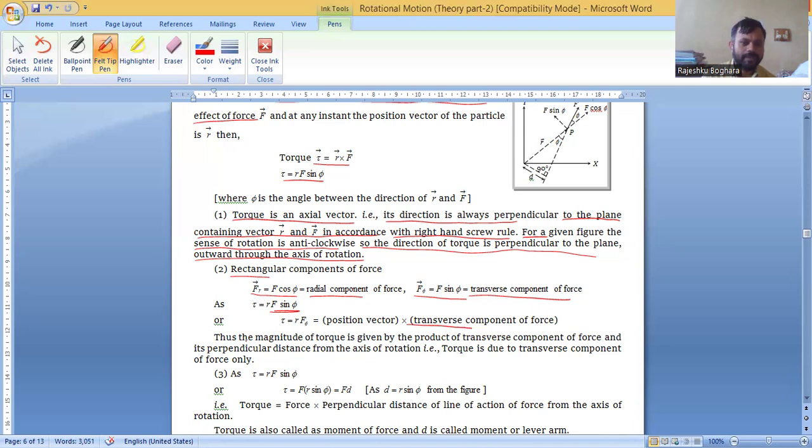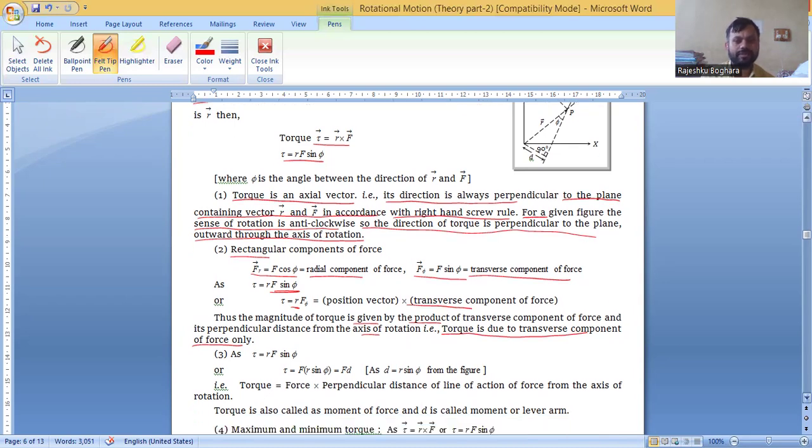That means the magnitude of torque is given by the product of the transverse component of force and its perpendicular distance from the axis of rotation. Here R is always the perpendicular distance. Torque is due to the transverse component of force only, not the radial component. The radial component gives linear motion, and the transverse component gives rotational motion.